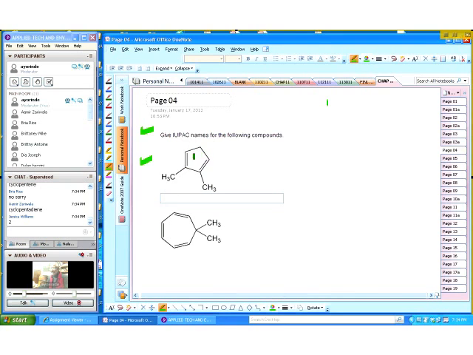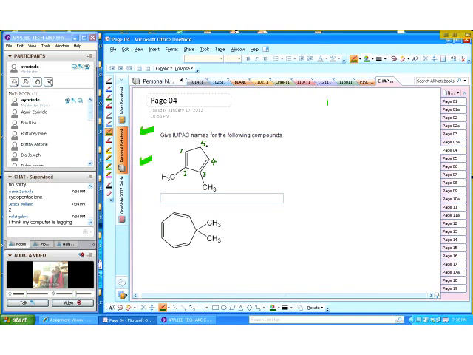Cyclopentadiene. Excellent. That is correct. This is cyclopentadiene. And when you have this molecule here, to number the carbon skeleton, you start numbering from the carbon-carbon double bond. That's position number 1, position number 2, 3, 4, and 5.